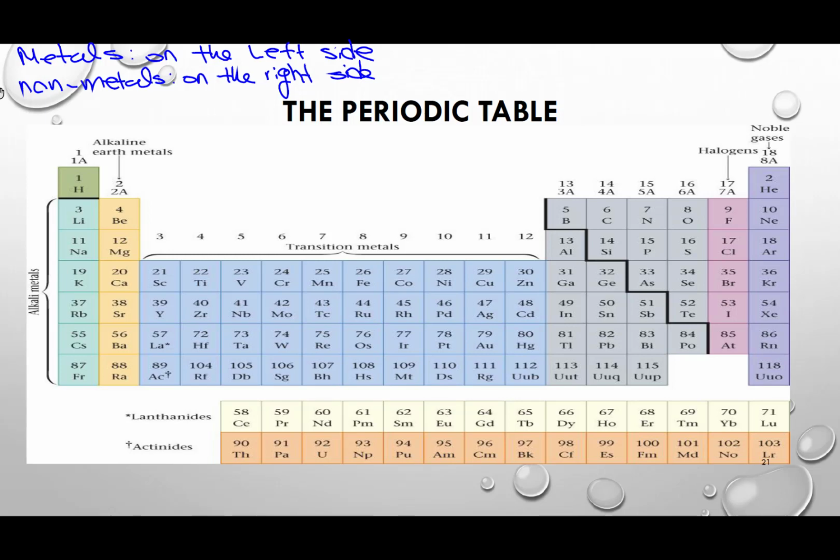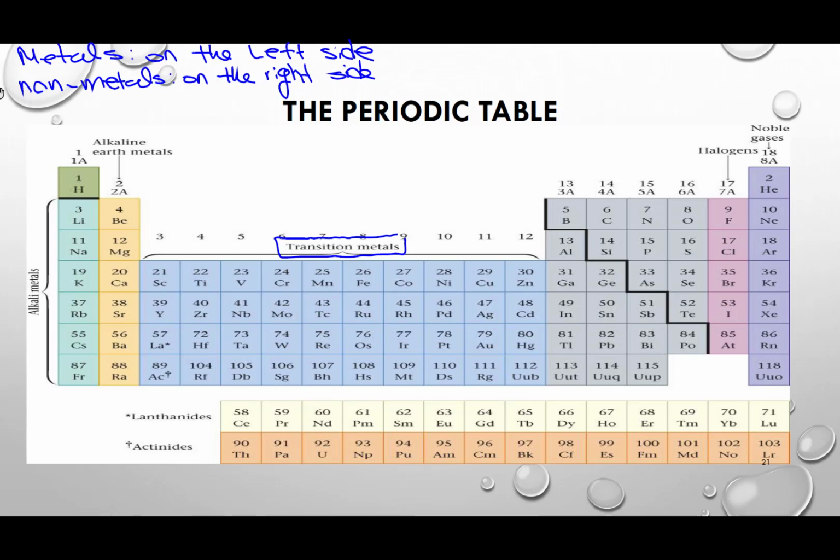And here between group 2 and group 3, we have a group that's called transition metals. Transition metals are metals, first of all. But what it is is that they have different charges.